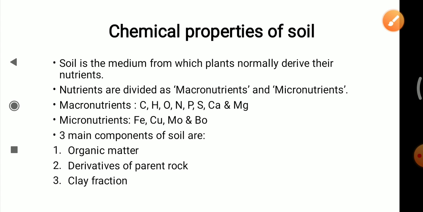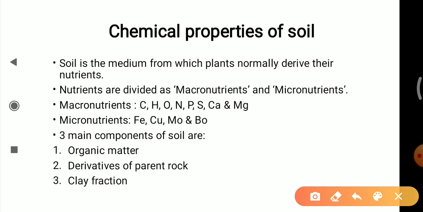Now here we will see the chemical properties of soil. Soil is a medium from which plants normally derive their nutrients. Plants take up nutrients from the soil by absorbing through the root.